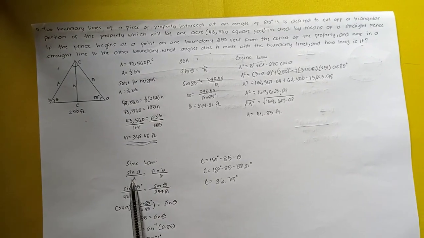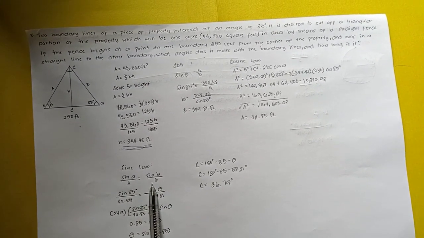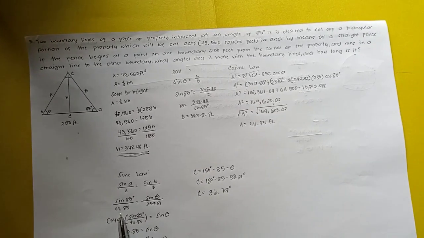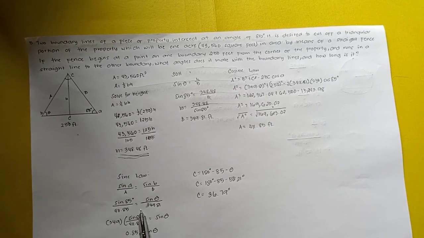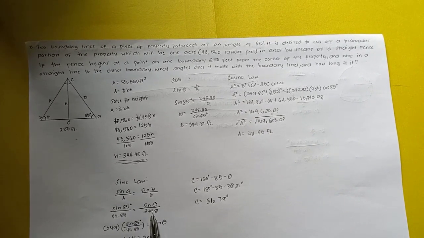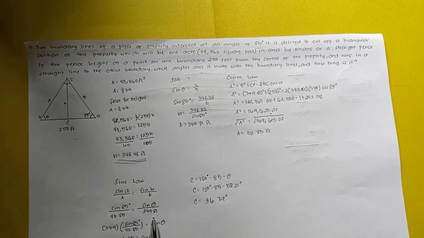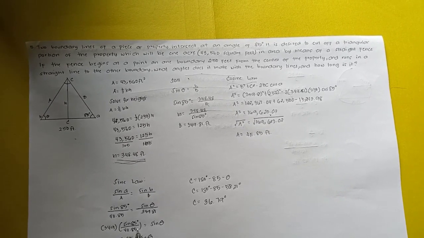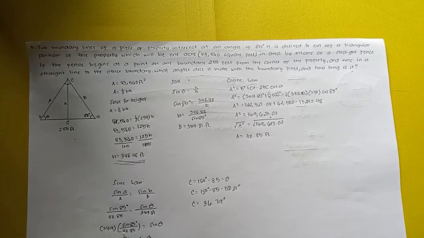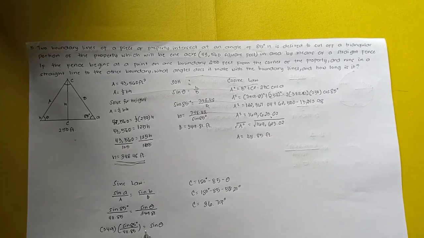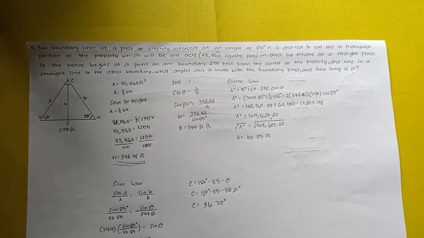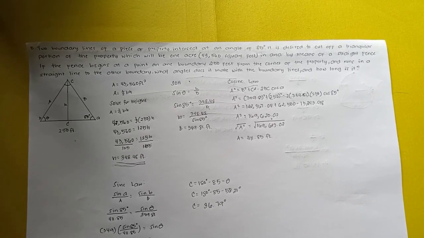And then we will use sine law. Sine A over A equals sine B over B. Sine 85 degrees over 411.85 equals sine theta over 349.81. 349.81 times sine 85 degrees over 411.85 equals sine theta. 0.85 equals sine theta.